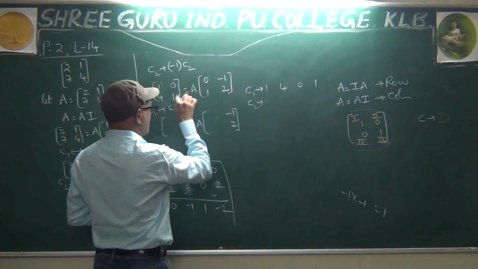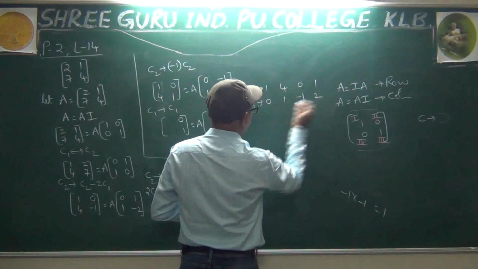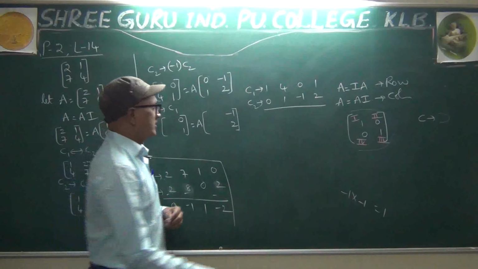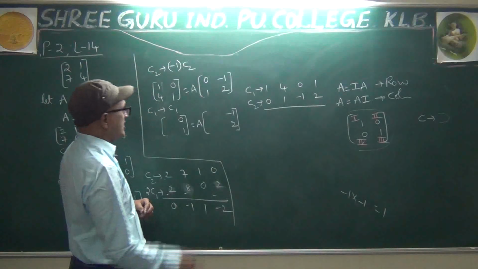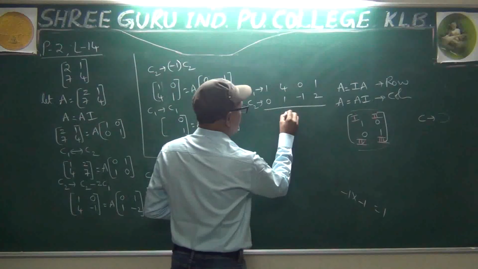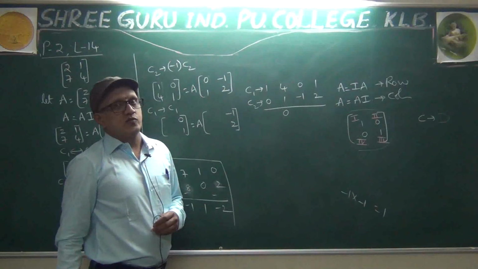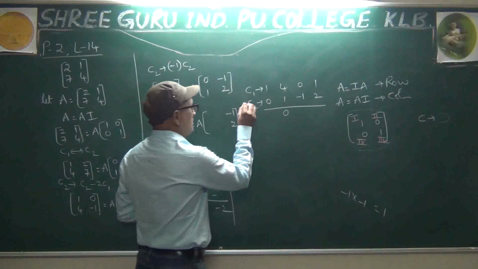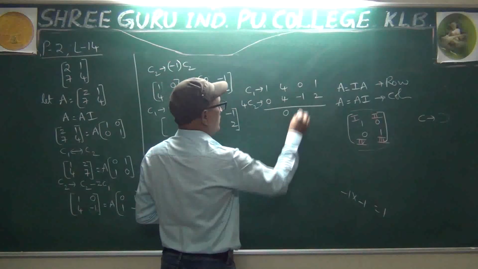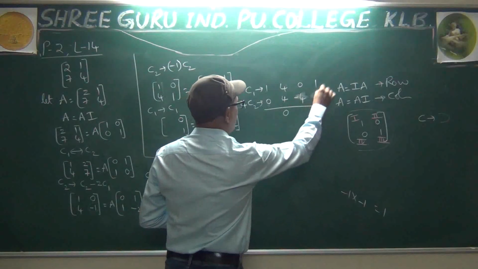Second column 0, 1, minus 1, 2. Right? In place of 4 we want 0. 4 minus 4, 0. That's why multiply with 4. 4 into 0, 0. 4 into 1, 4. 4 into minus 1, minus 4. 4 into 2, 8.